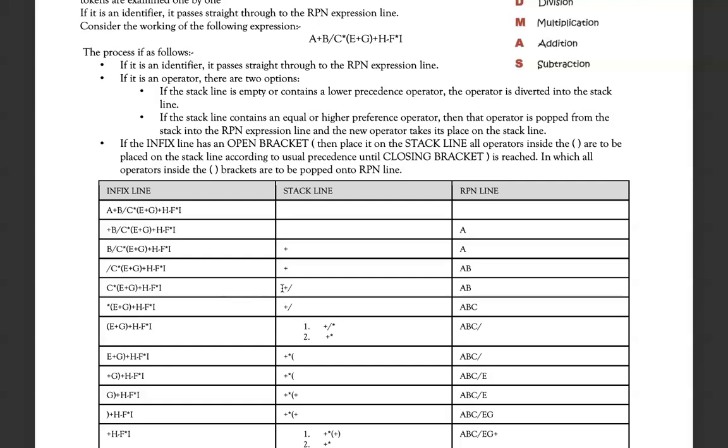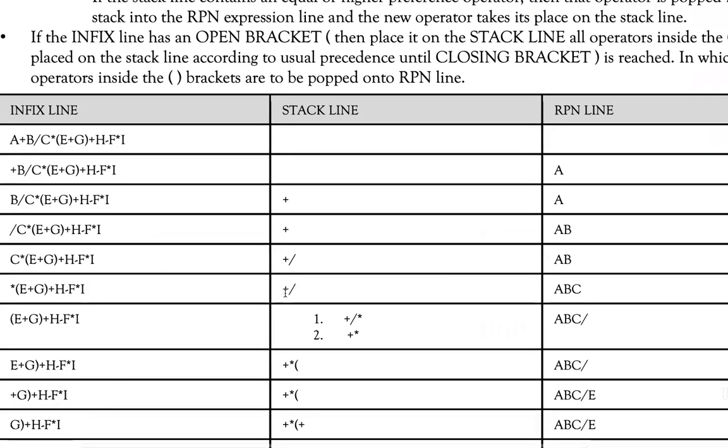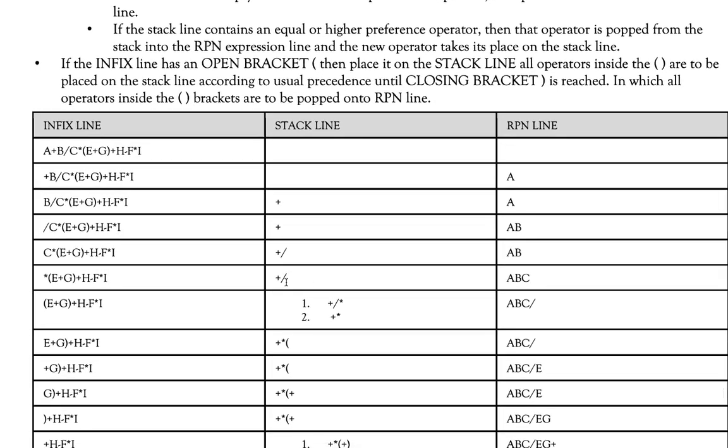So this division symbol comes on top of my plus sign. By the way, the way I've represented the stack here is that the rightmost element is on top. So my stack, instead of growing upwards, is growing towards the right. So any element on the right is actually the top of the stack.